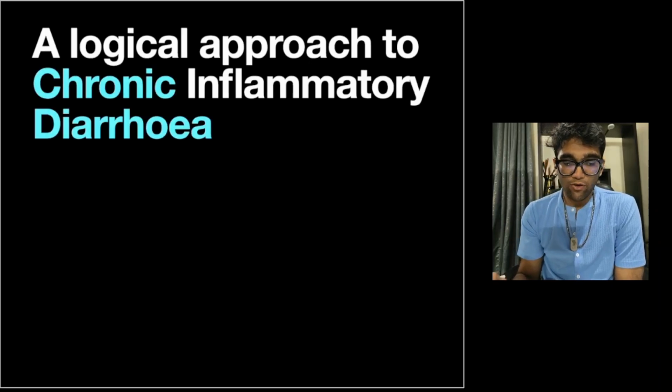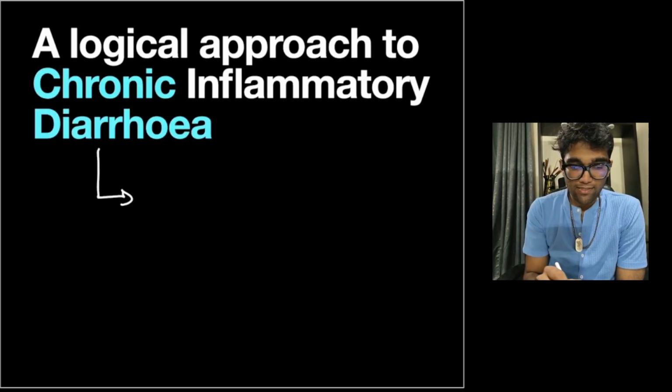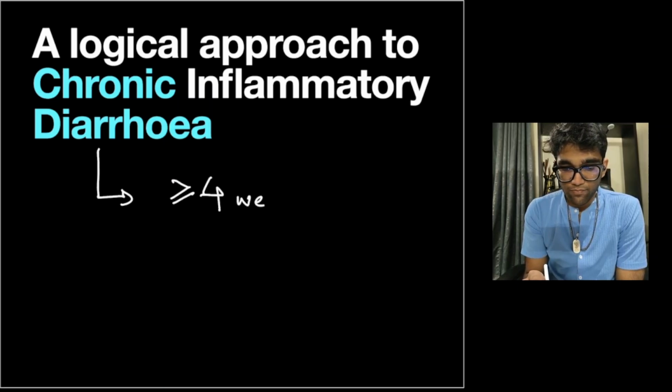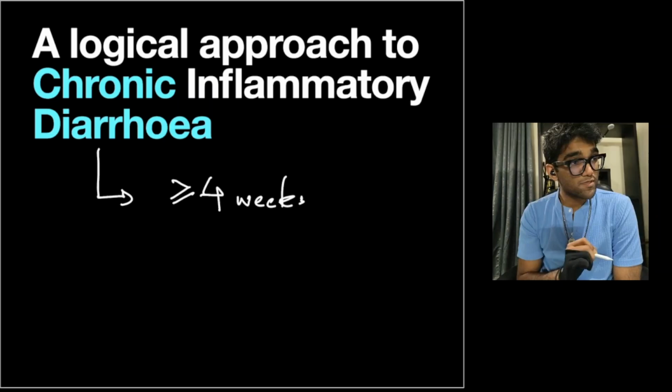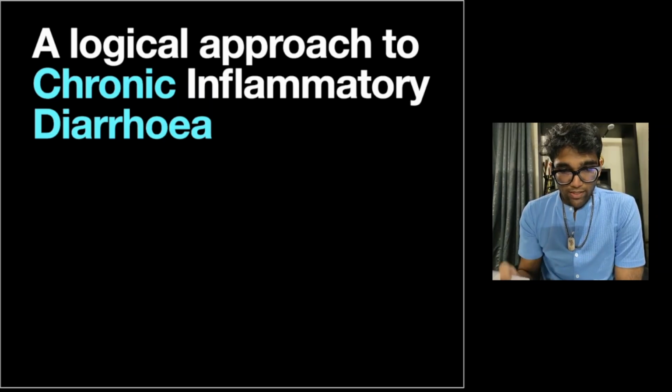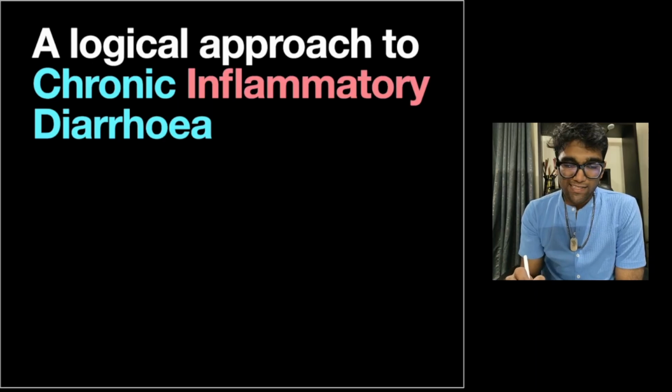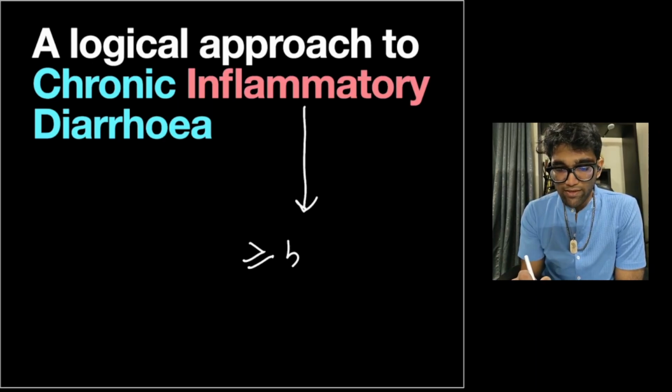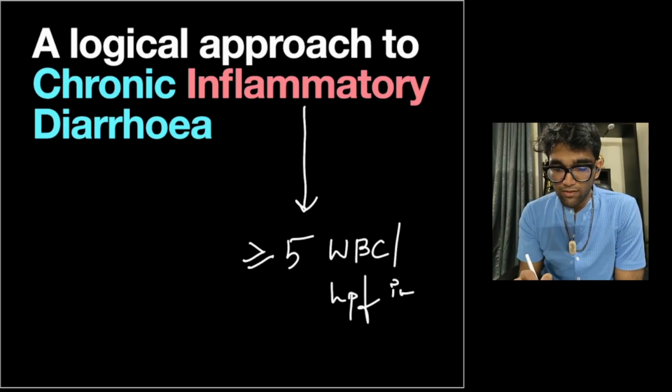So when I say chronic diarrhea, I mean diarrhea that is lasting more than or equal to 4 weeks. This is again one of those symptom specific definitions. Then when I say inflammatory, what I strictly mean is the presence of more than or equal to 5 WBCs per high power field in the stool.